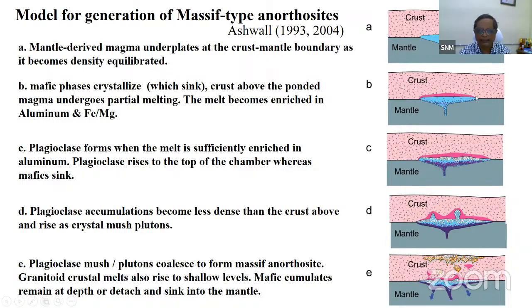At the same time, because of the heat of this magma pond, the lower crustal material also gets melted.